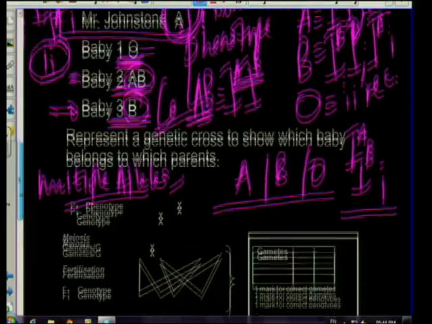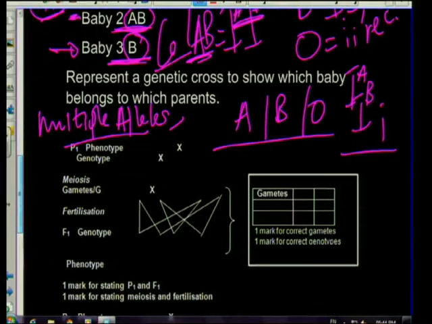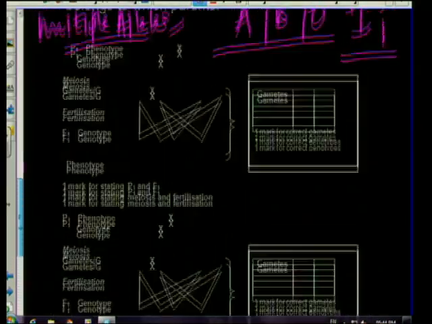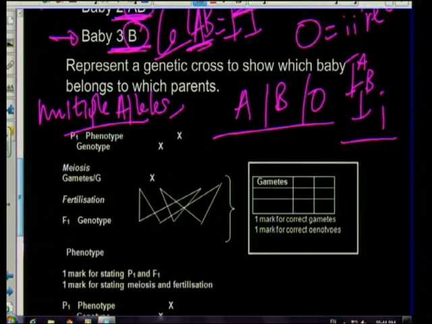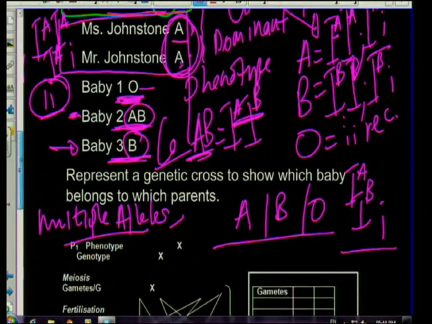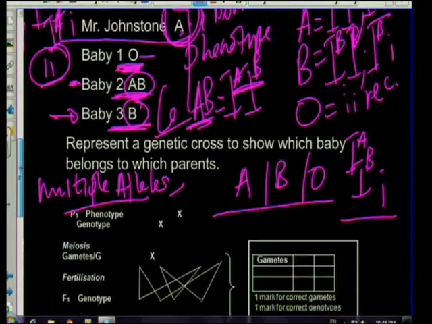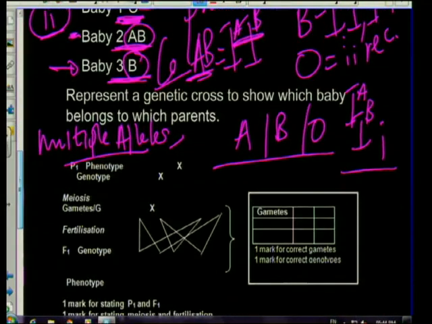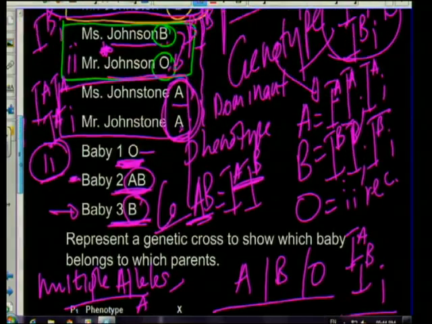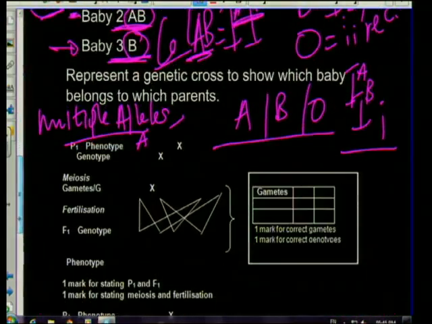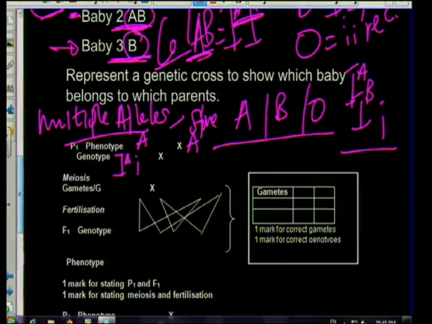Now let's show a cross in that. We can show all of them, or we can show one. So let's look at an easier one. Let's take Mr. and Mrs. Johnstone. They are both blood group A, so their genotype is IA. We assume that they're heterozygous, for example, IAi.